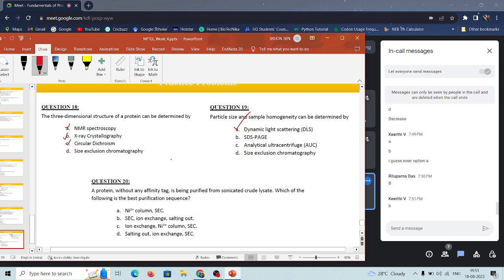The last question for today: a protein without any affinity tag is being purified. Which is the best possible strategy for its purification? So, how can you purify a protein that does not have a particular tag from an extract?